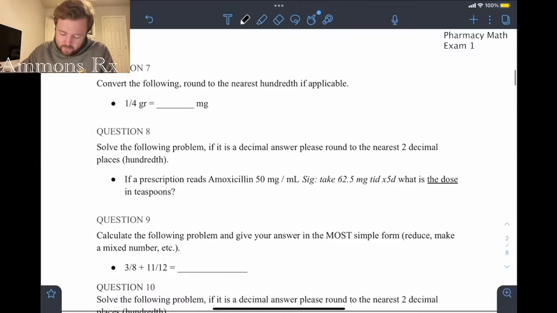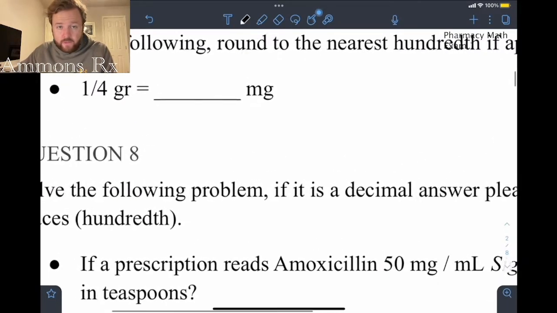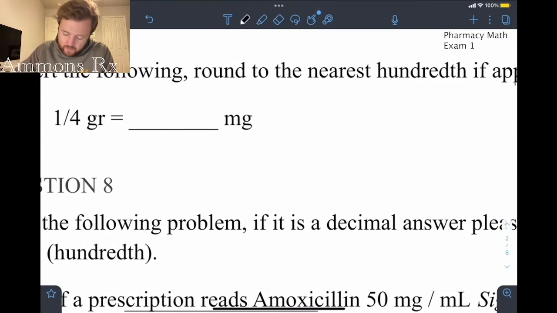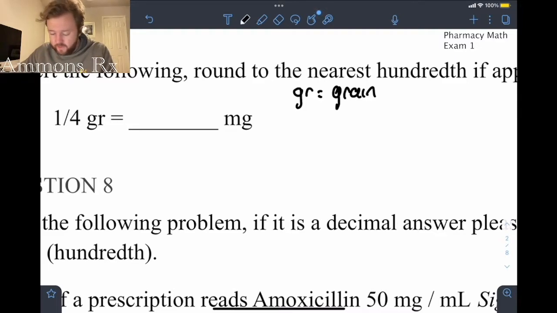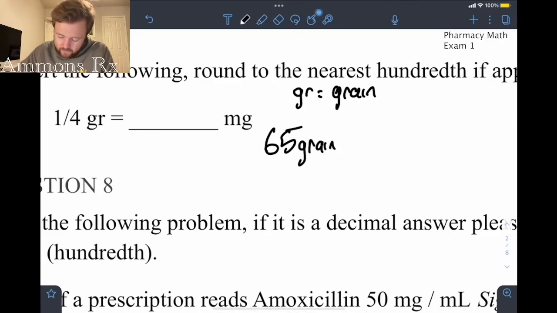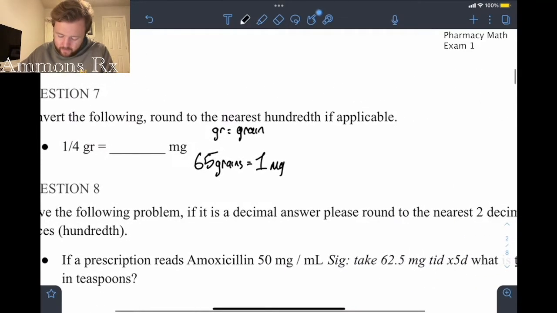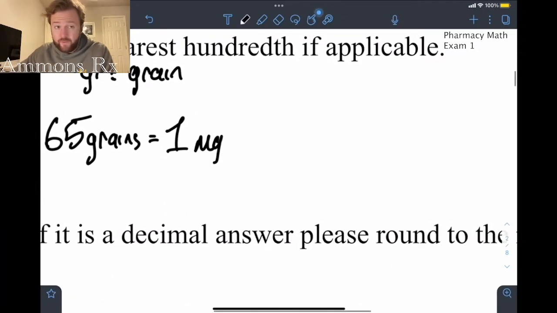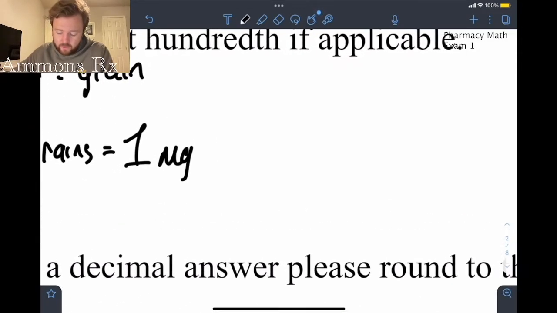Convert the following. Oh, grains to milligrams, right here. When you see GR, you should think of grain. And when you think of grain, I want you to think of a certain number. I want you to think there are 65 of those in 1 milligram. So right there is my proportion. I have three numbers. I have 1/4, 65, and 1. But if you put 1/4 in your proportion, you're probably going to confuse yourself.